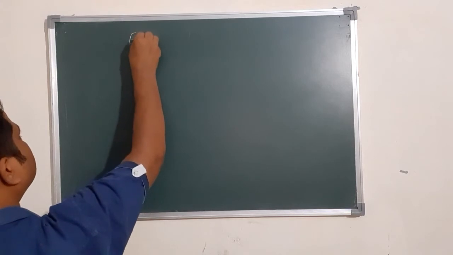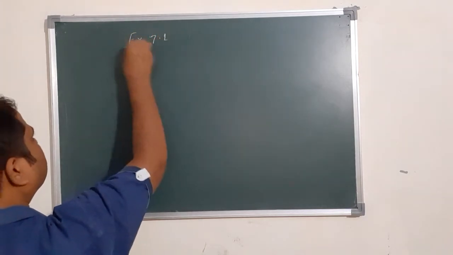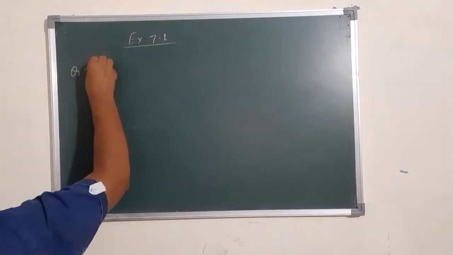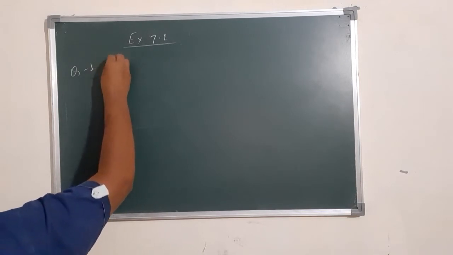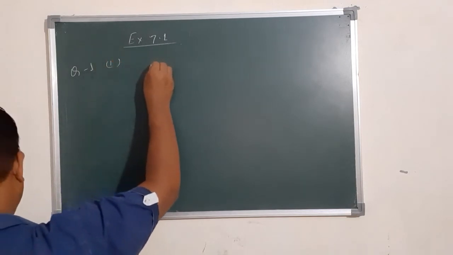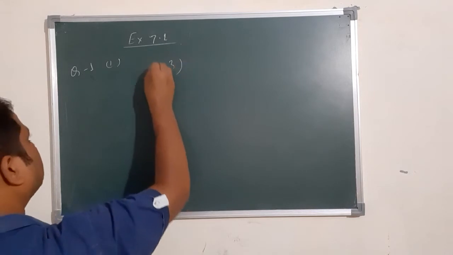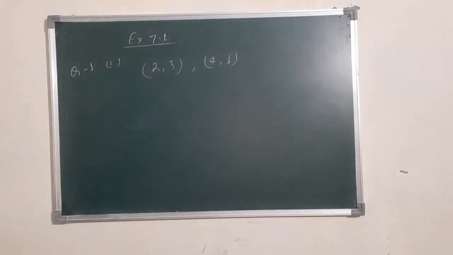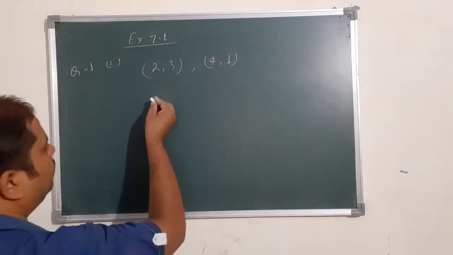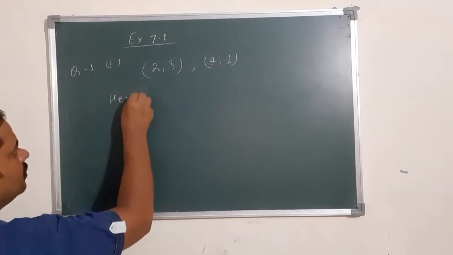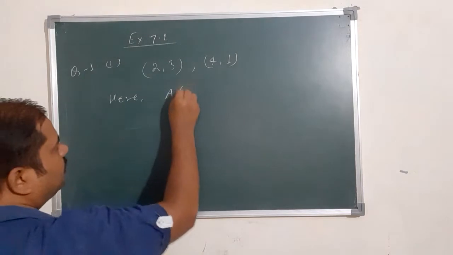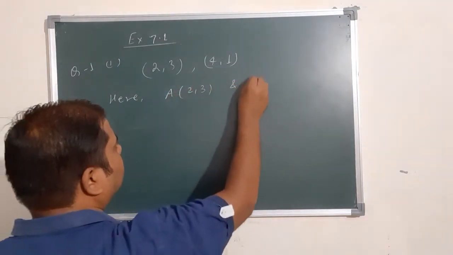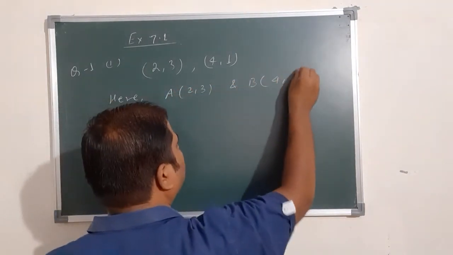Exercise 7.1, question number 1, first part: (2, 3) and (4, 1). We have to find the distance between these 2 points. So first of all, here suppose A is (2, 3) and B is (4, 1).